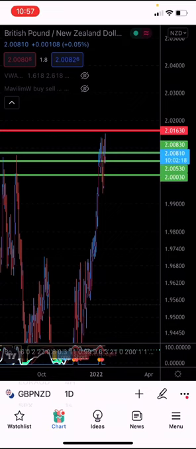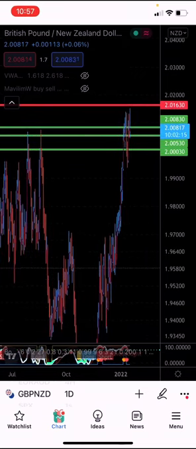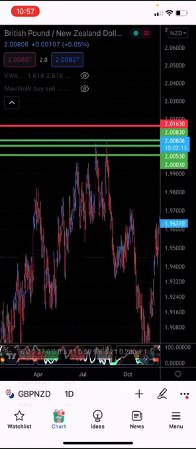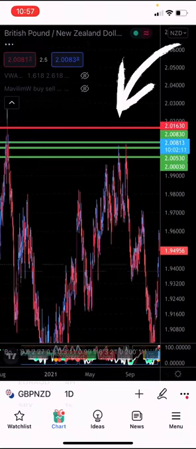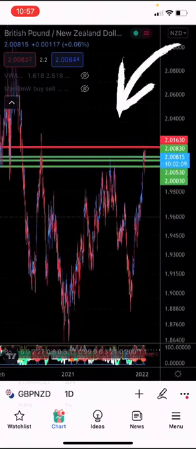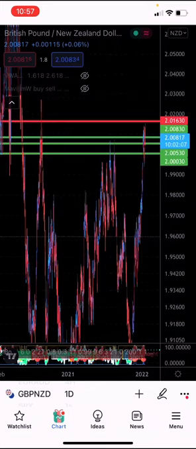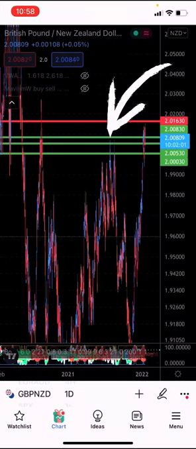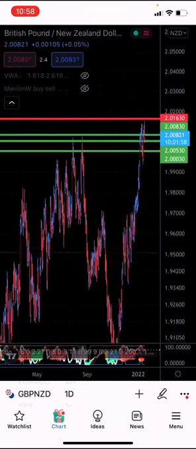If we have a look at the daily chart, we can see that this area is a resistance area, which means that currency has come up and hit that area and bounced off. But what we're trading here is called a retest.